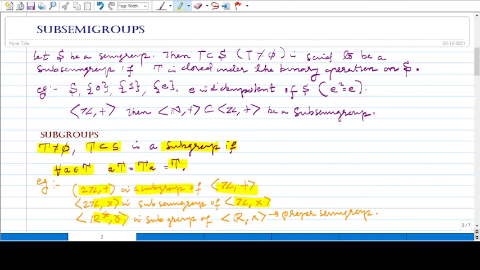R star, or R difference 0, using multiplication is a subgroup of a proper semigroup, R multiplication. So these are the examples of subgroups and subsemigroups. This definition is very clear using our already proven theorem because if T is closed under the binary operation, that means T is a semigroup, and a semigroup satisfying this condition is a group. So from there we have the motivation to define the subgroup. So that is the idea about this.